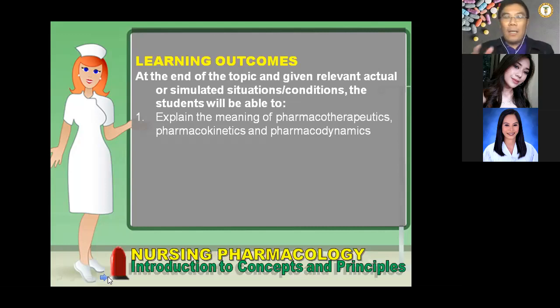Kaya from the term itself, supplements, it only supports the body, but it may not be indicated as a treatment of a certain health condition. That's why when I presented to you the example of salbutamol, you can confidently answer me.